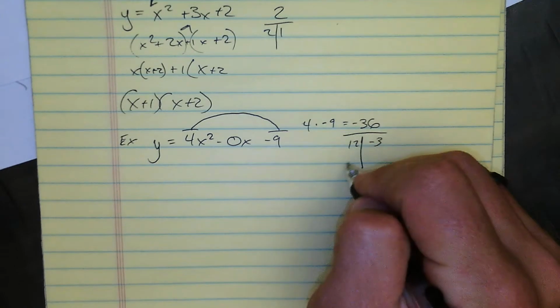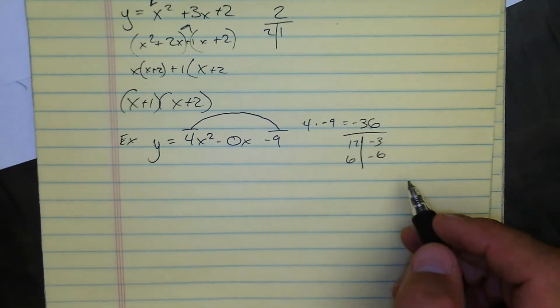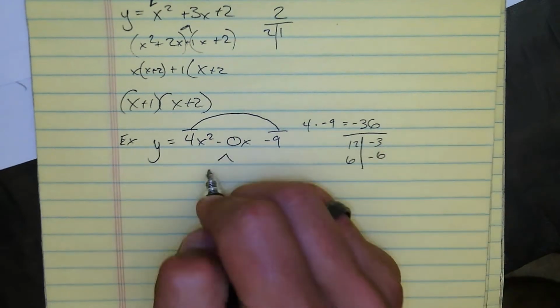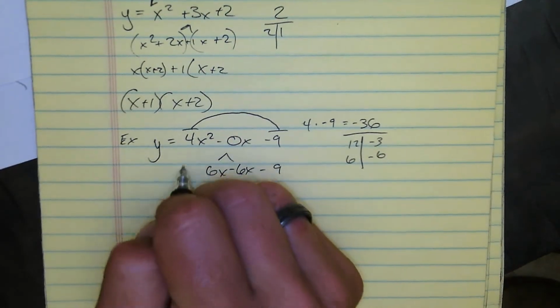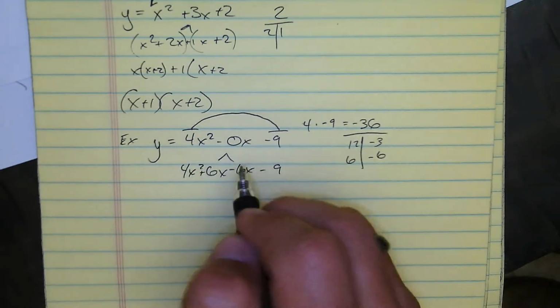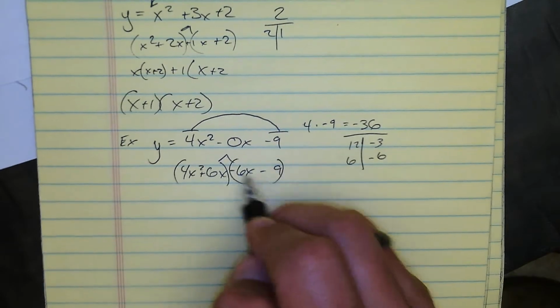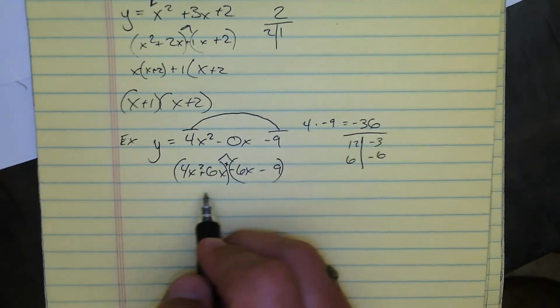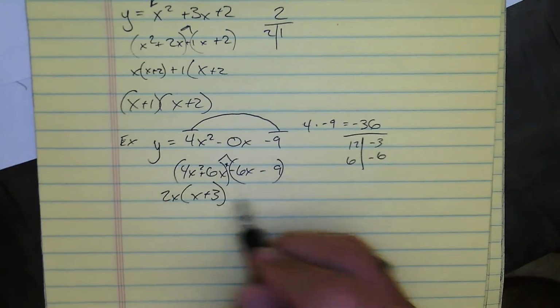Things like 12 and negative 3, or 6 and negative 6. 6 plus negative 6 is 0, so we're going to use those two. 4x squared plus 6x minus 6x minus 9. Then we go through the same process. We pair them up and take out the GCF, which in this case is 2x, and we're left with 2x plus 3.